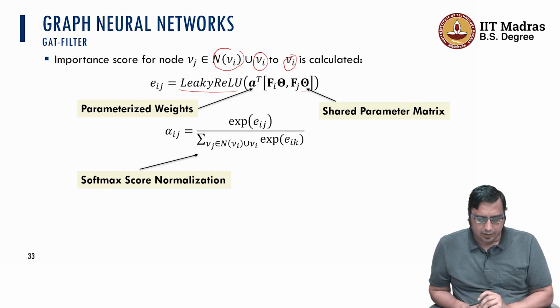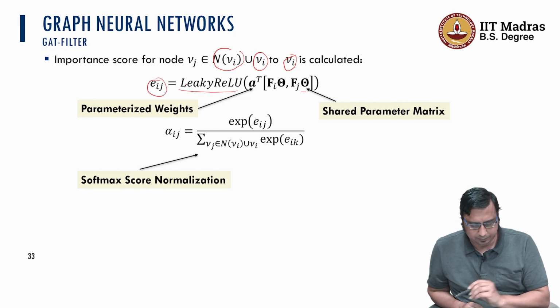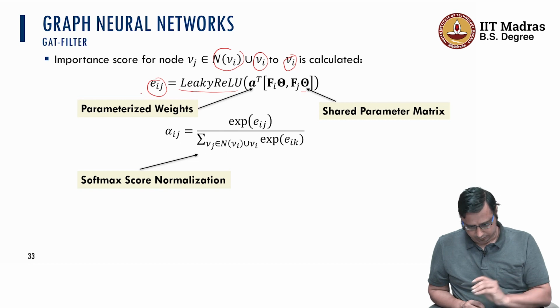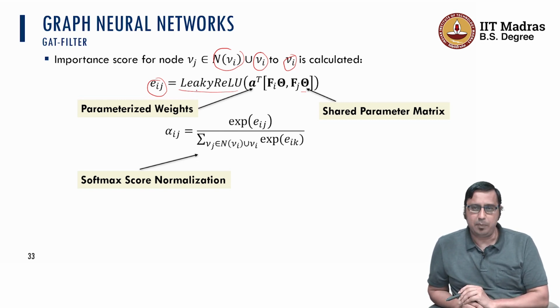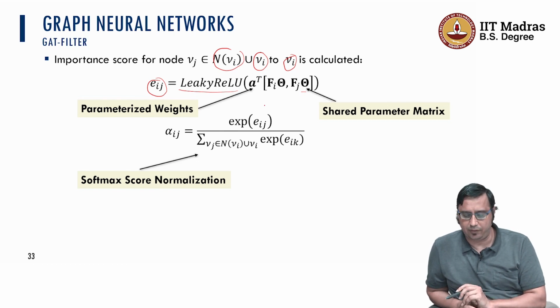And this can be calculated with this score calculator, which is Eij, the importance score between node Vi and Vj, as a sum with an activation function. Here we have taken the leaky ReLU, where there is a set of shared parameters.